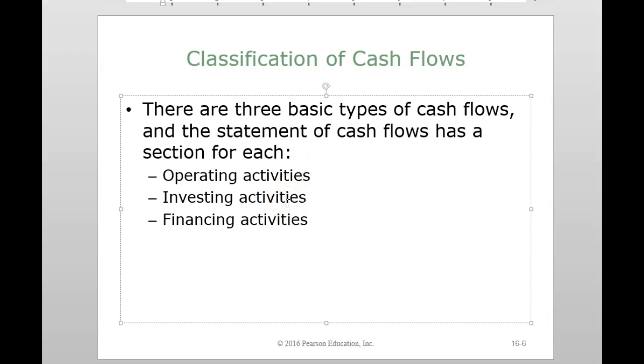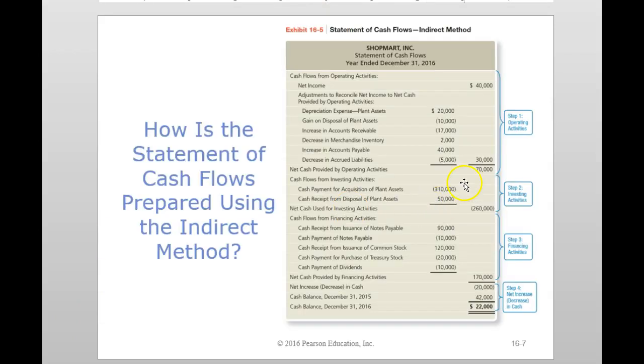Investing activities, those are where we buy and sell equipment or property. And then financing activities, we're looking at stocks, bonds, items and dividends, the equity section. So this is what a cash flow looks like. We start with net income, see it right here.